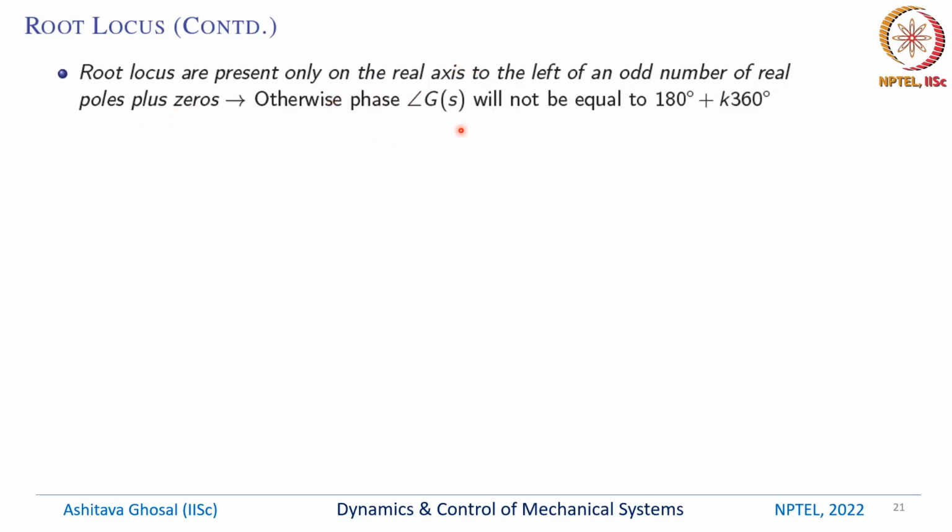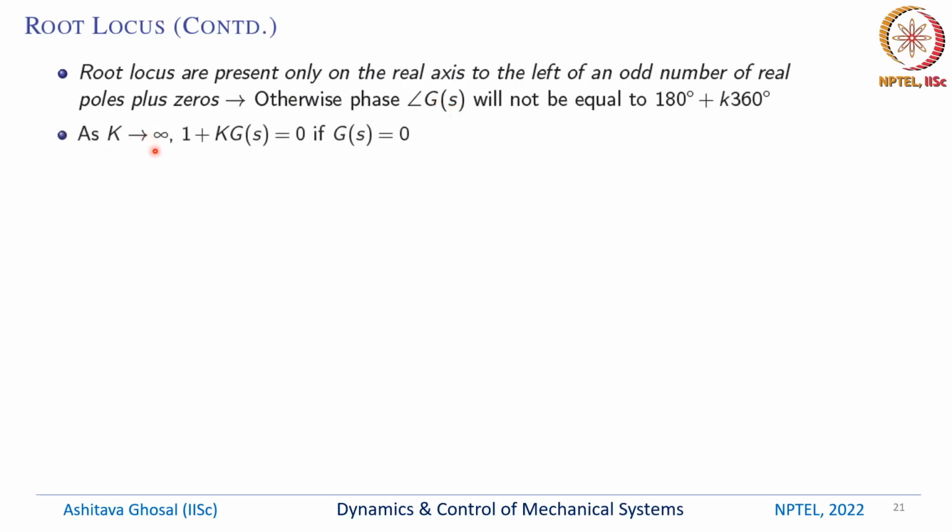Otherwise, this phase angle will not be equal to 180 degrees plus k times 360 degrees, where k could be 0, 1 and so on. So this is another very important rule in sketching the root locus. We can easily see whether a portion of the real axis is on the root locus because of this rule.